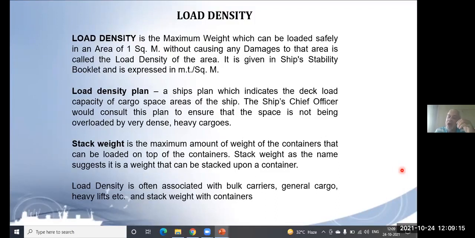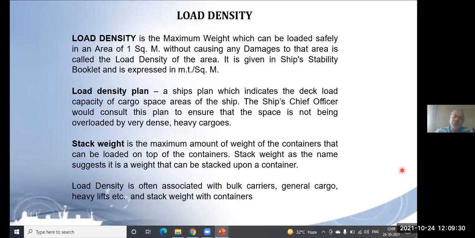But when you are loading iron ore, they will be exerting more pressure on your per meter square area, where load density matters. Then the load density plan, the shipyard will provide you, and you have to follow.